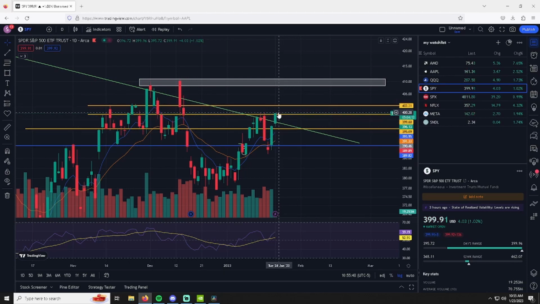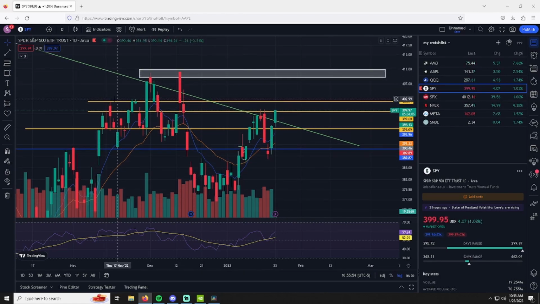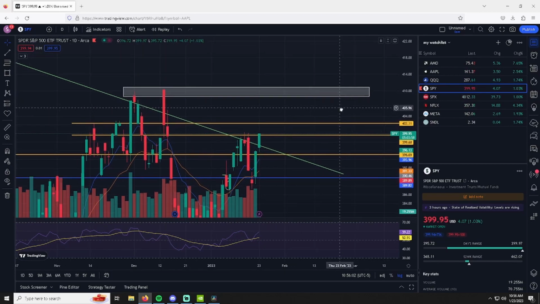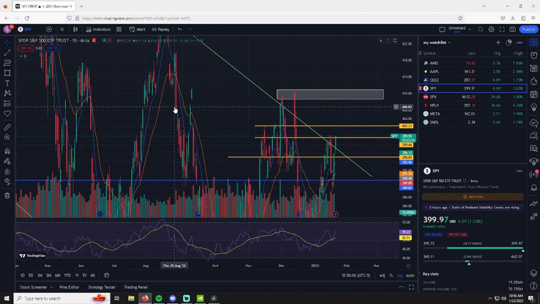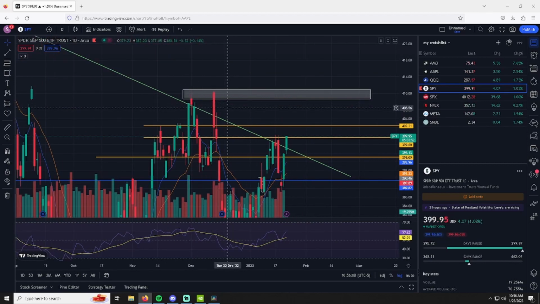But today I'll be playing calls. We broke this resistance level. I would like to play calls until 402. And if we see a 402 break, we would probably see a huge bull run, since there's not a lot of resistance, and we would have been out of the trend for a while.